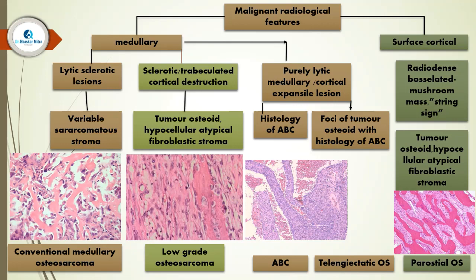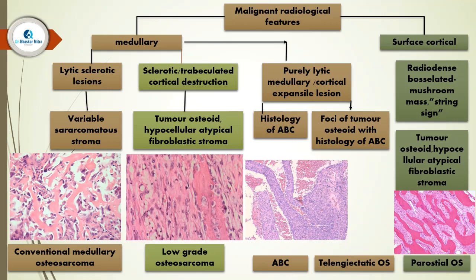Now if we consider a sclerotic and trabeculated lesion with cortical destruction, it is a tumor with osteoid production. The cellularity is less compared to the conventional one, and there is a fibroblastic stroma, but still the cells are malignant.